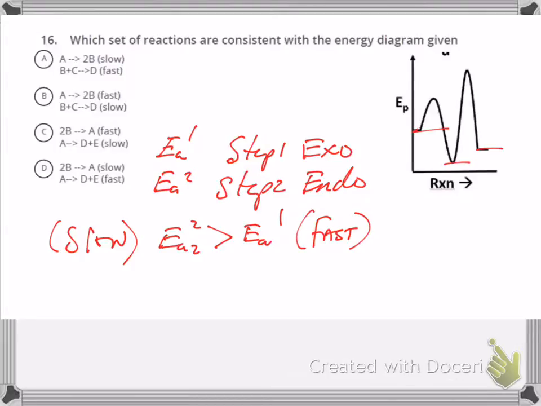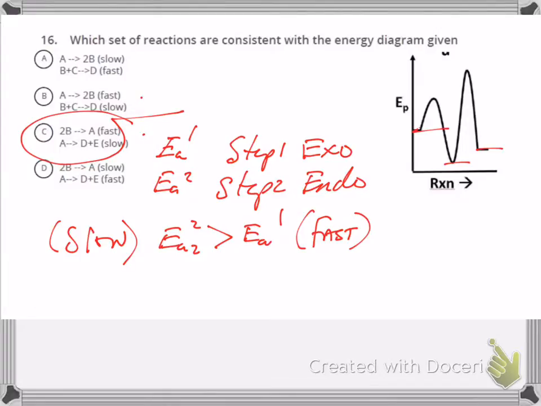Step 1 is exothermic, but step 2 is endothermic, and if we look at that, the choice is between B and C. But since A going to 2B means that A is breaking apart, in B that means it's endothermic. Endothermic is not what we have. We have exothermic, 2 particles making 1, and C is much more consistent with exothermic behavior.